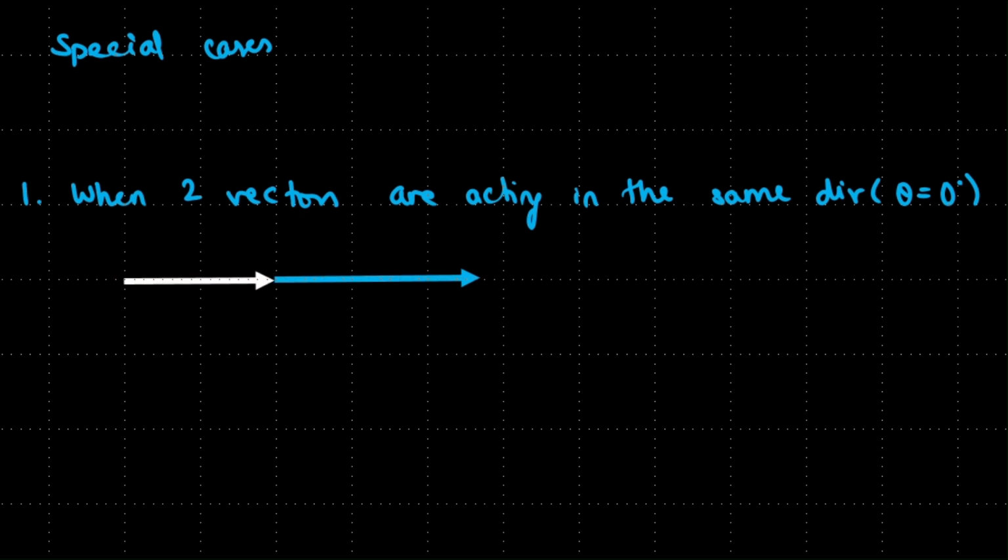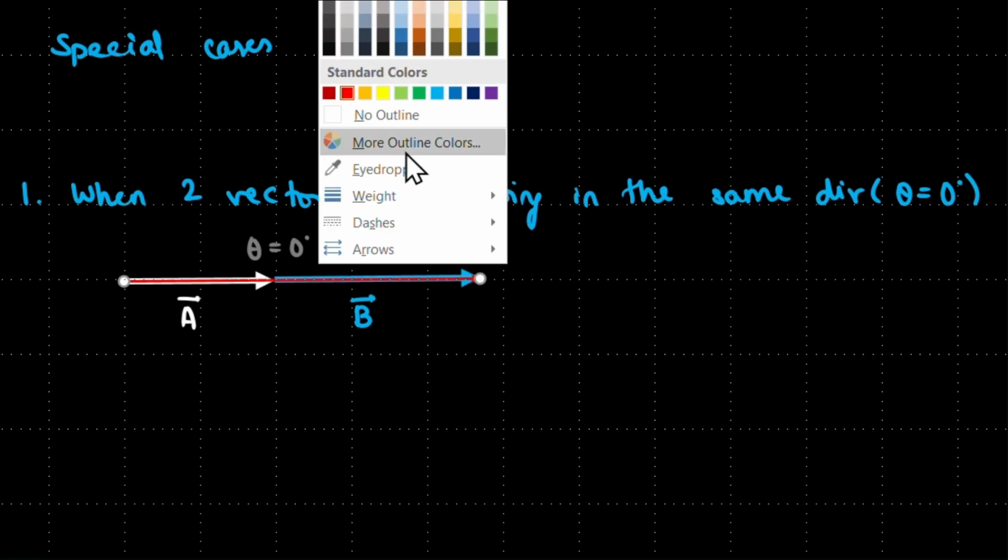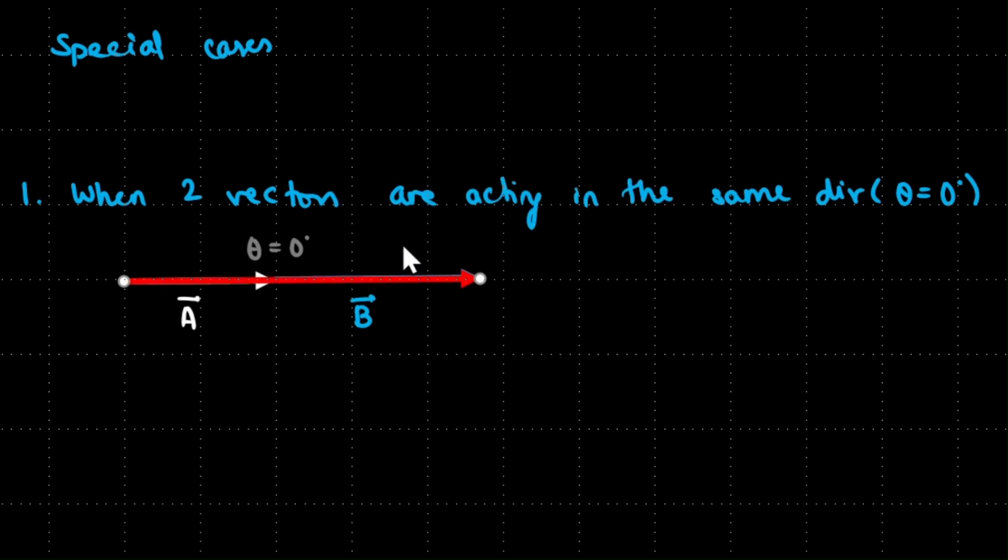Let's say this is vector A, this is vector B. The angle between them is 0 degrees, so this is going to be the resultant, just by general thought. So this is the resultant.